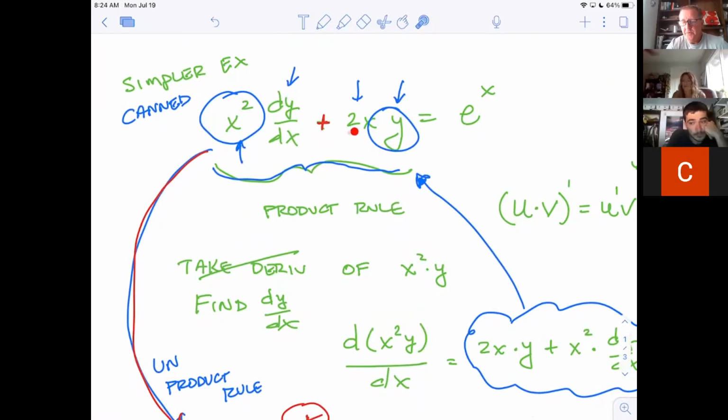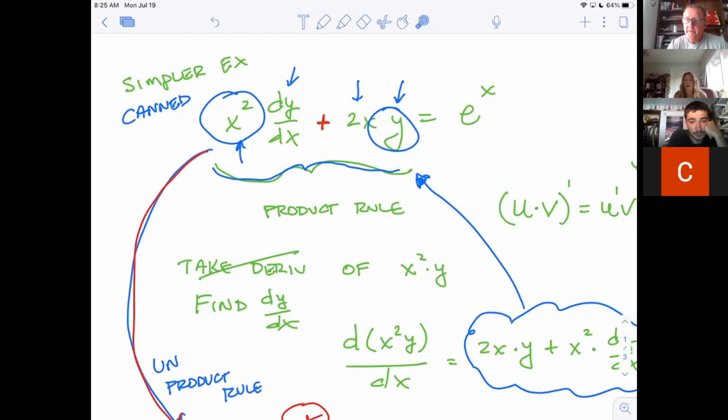Then you're in business. But as I said, all I have to do is change that 2 to a 3. Doesn't work anymore. Change the x to an x squared. Go ahead, Kim. Sorry. How does it still work if there's a change in sign? It won't. If this was a negative right here, it doesn't work.